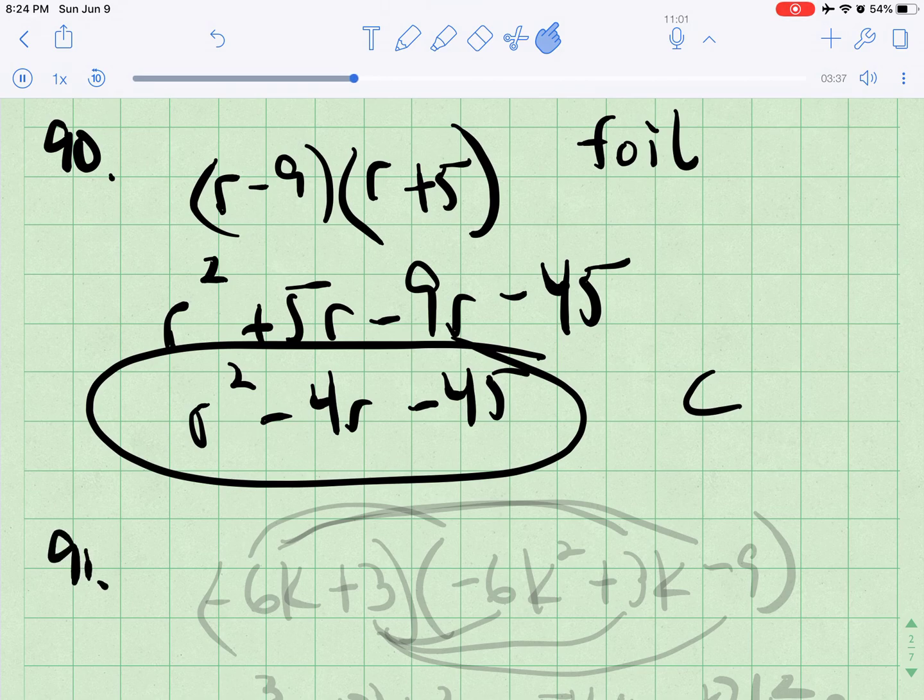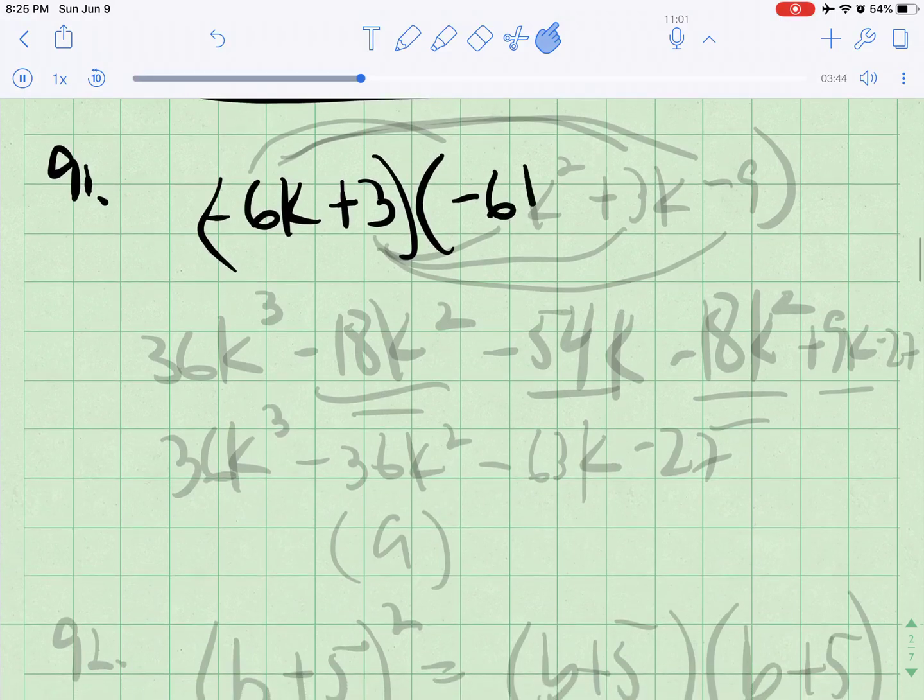91. Negative 6k plus 3 times negative 6k squared plus 3k minus 9. FOIL this out. Distribute.